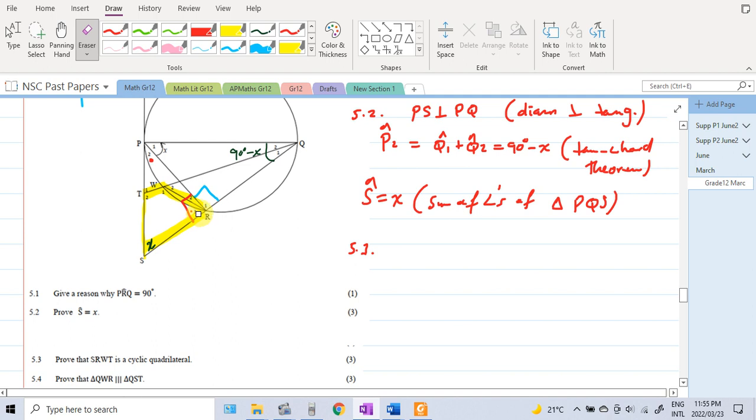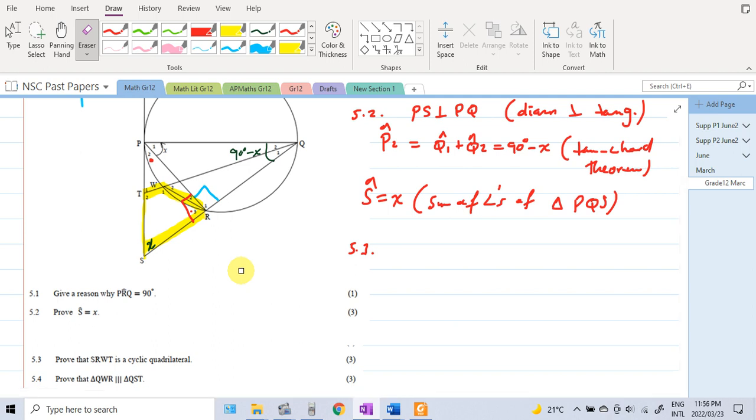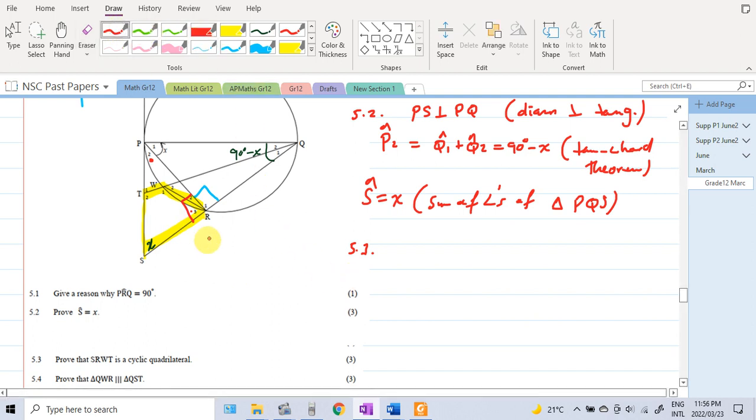I was hoping to find angle R3. So how can we find angle R3? Angle R3 needs to be equal to angle T1.